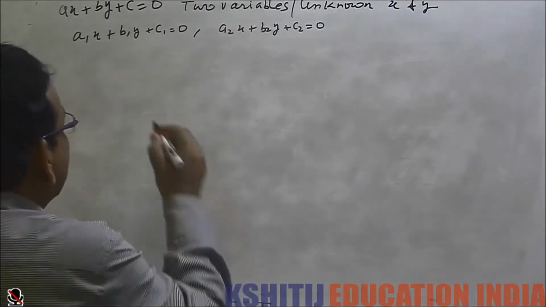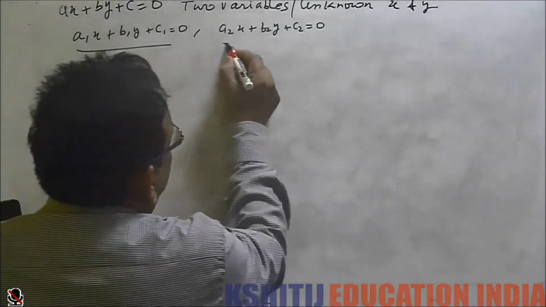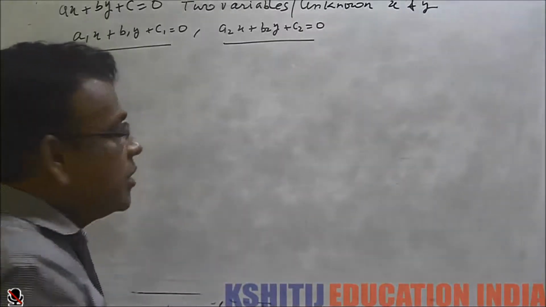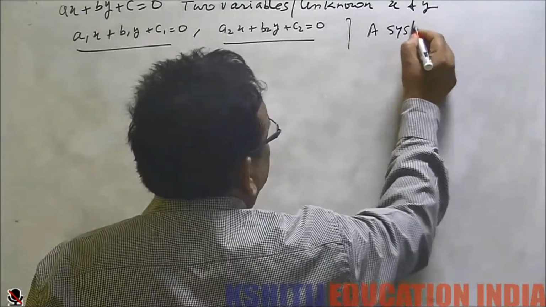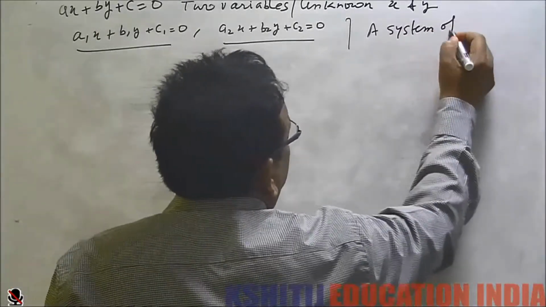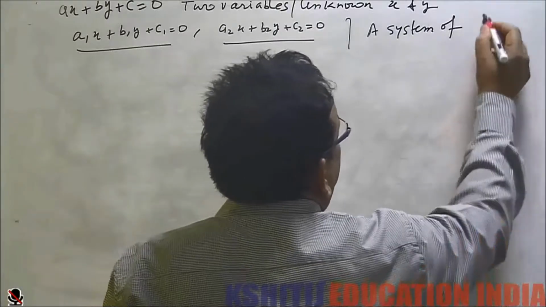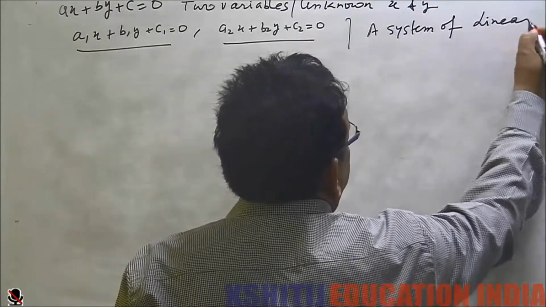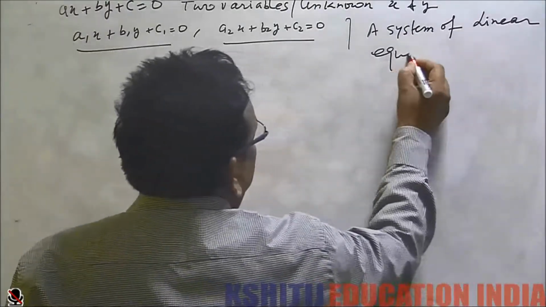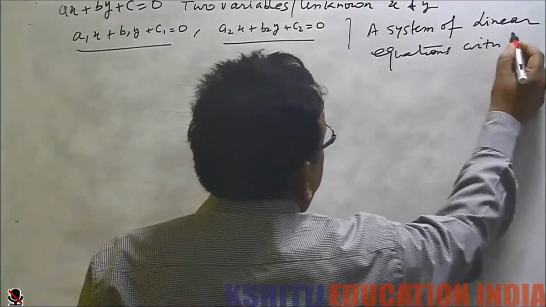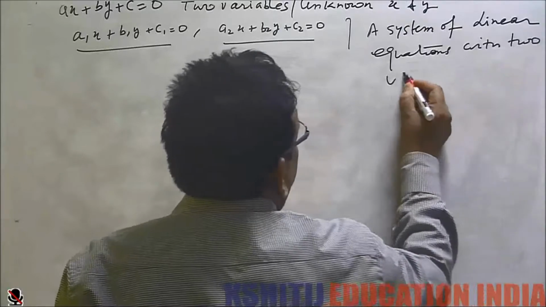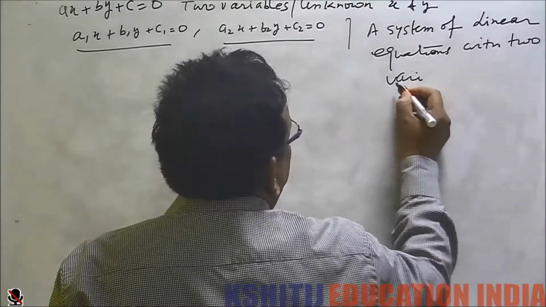So these two equations can be solved. And when we have two equations, it becomes a system of linear equations with two variables. So it becomes a system now.